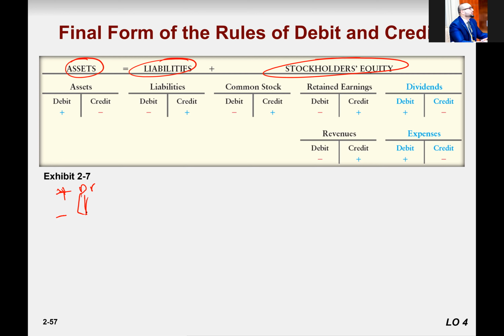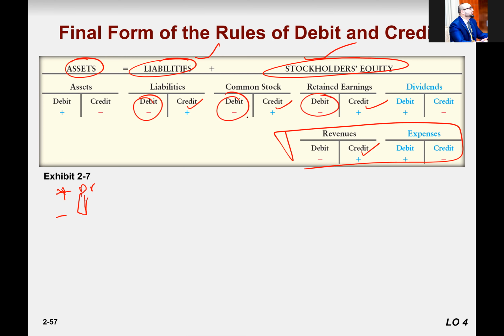Then we talked about the liabilities, the right hand side of the equation. If liabilities and owner's equity increase, you see credit. If liabilities and owner's equity decrease, we see debit.